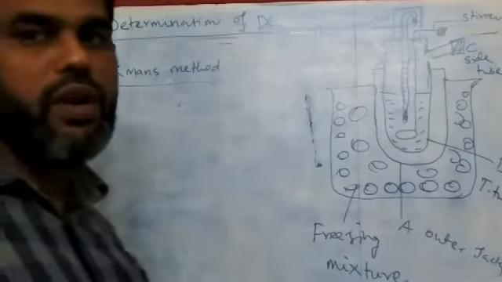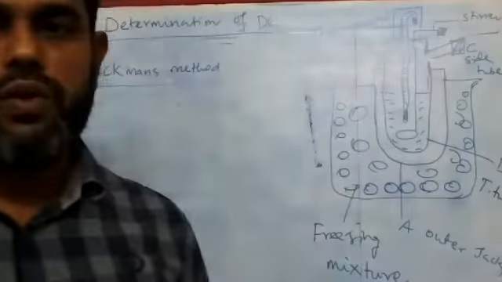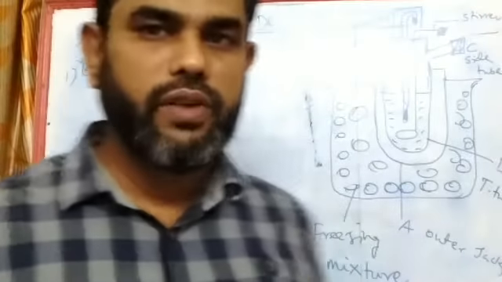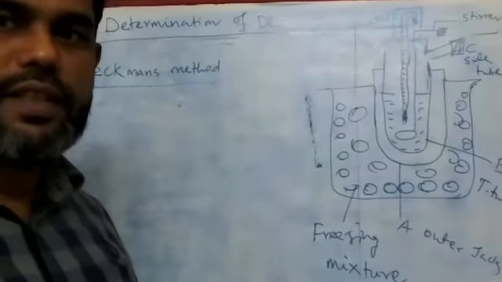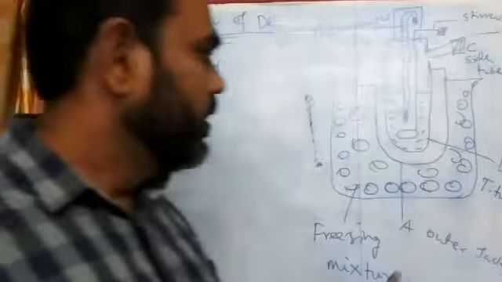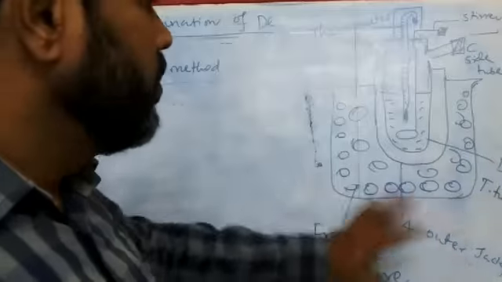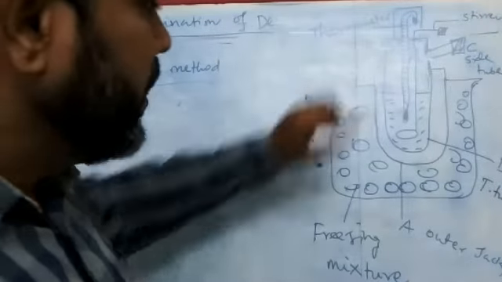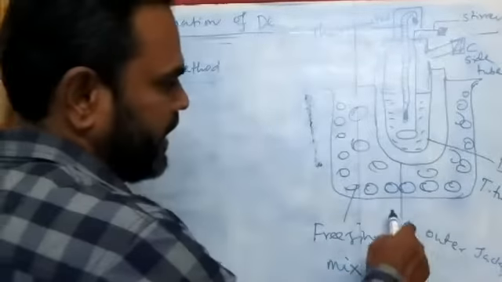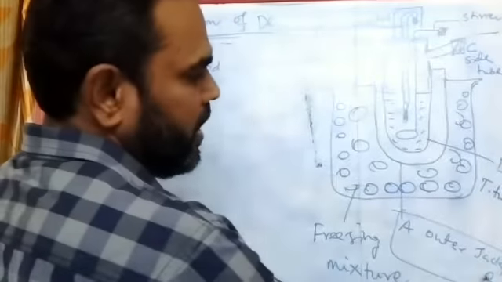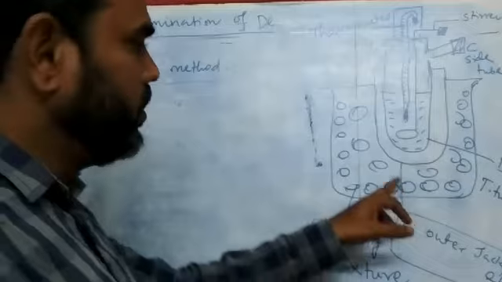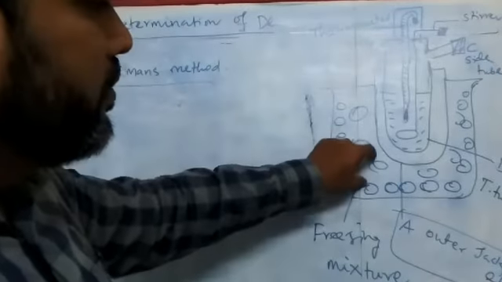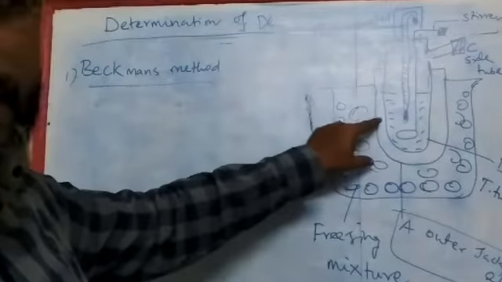Now let me explain how to carry out this experiment. First you have to make this setup, and first let me explain the purpose of the outer jacket. The outer jacket is to avoid sudden cooling by the freezing mixture.